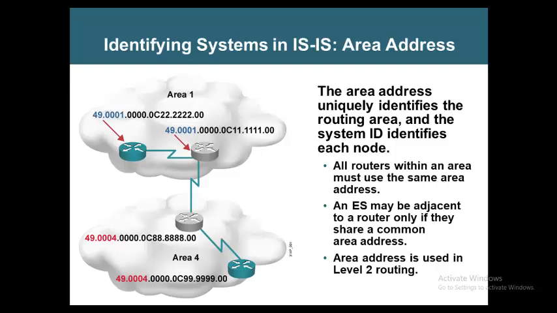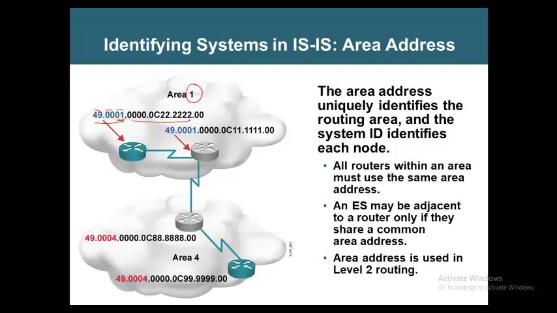See this example. This is area 1. So you put 1 here. Now how many bytes you are using for area? 3 bytes. This is 1 byte, this is another byte, this is another byte. 3 bytes, hexadecimal. And 6 byte of system ID.